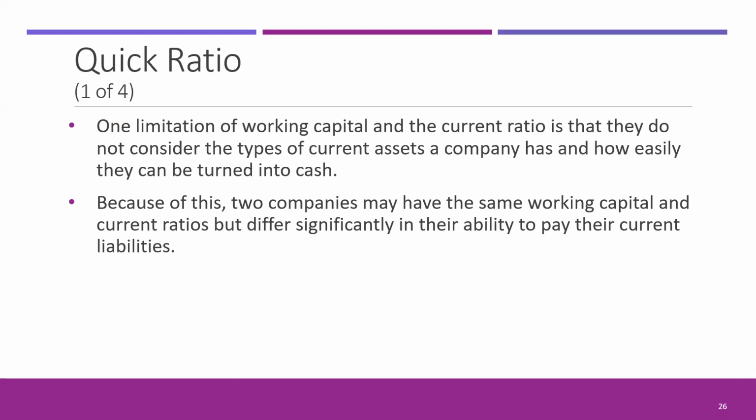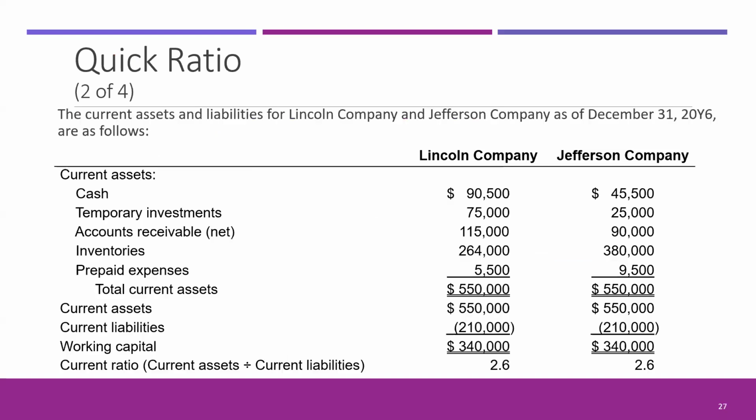And quick ratio, again, doesn't include inventory or prepaid expenses. It's only cash, temporary investments, and accounts receivable. It's something that a company could collect really soon and without costs to liquidate, right? Because when they sell inventory, there are going to be selling expenses and it's going to go to cost of goods sold.